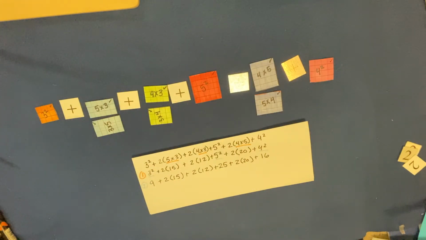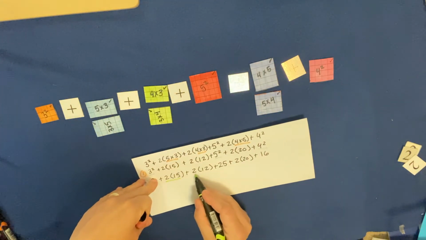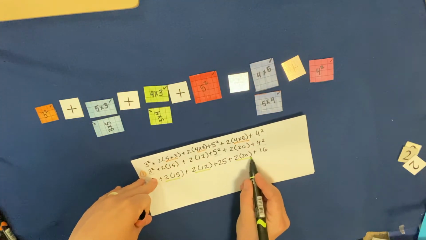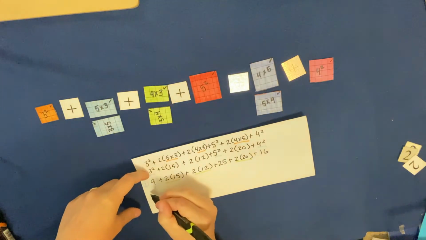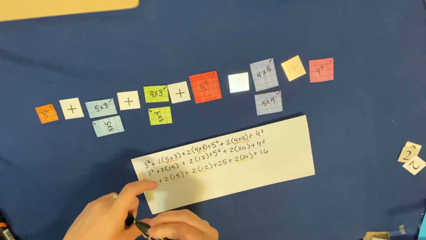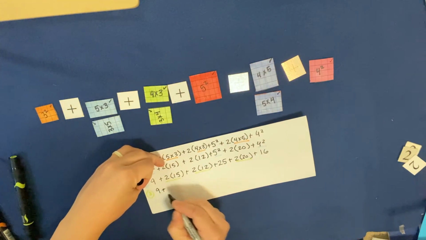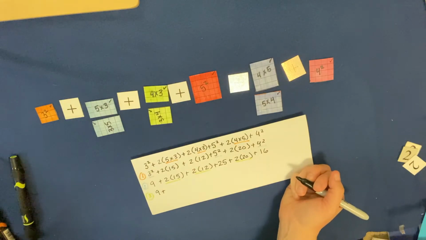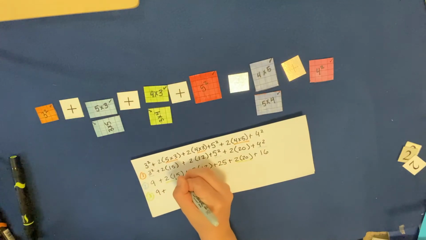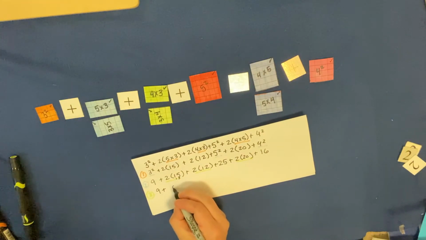Now we need to do our multiplication problems. So we have 9 plus, what is 2 times 15? Five plus 5 is 10.